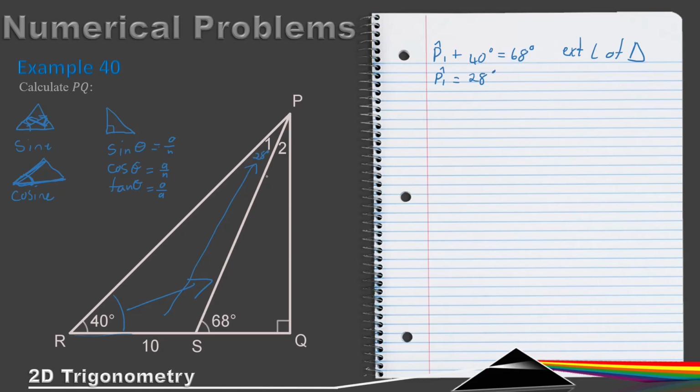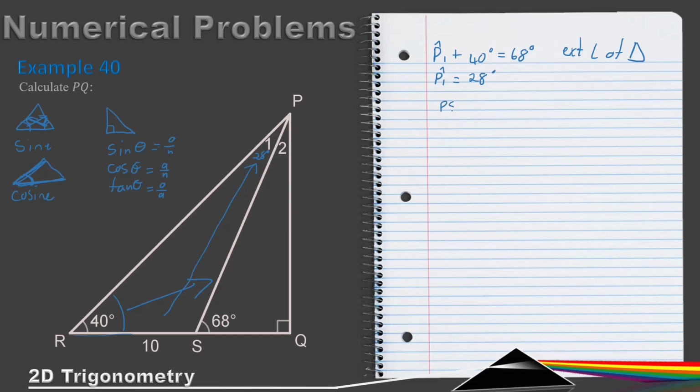Now we can see that we have an angle, opposite side, angle, and then just this unknown side which we want to find. So we're going to use sine. I always start sine with the one I want. The one we're solving for is PS.